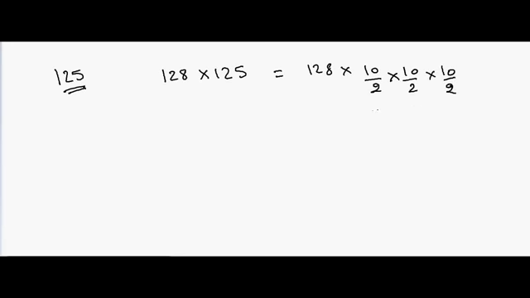So we have to divide 128 by 2 three times, or we can divide it by 8. 128 by 2 is 64, half of 64 is 32, and half of 32 is 16. So the answer will be 1600 and one more zero.